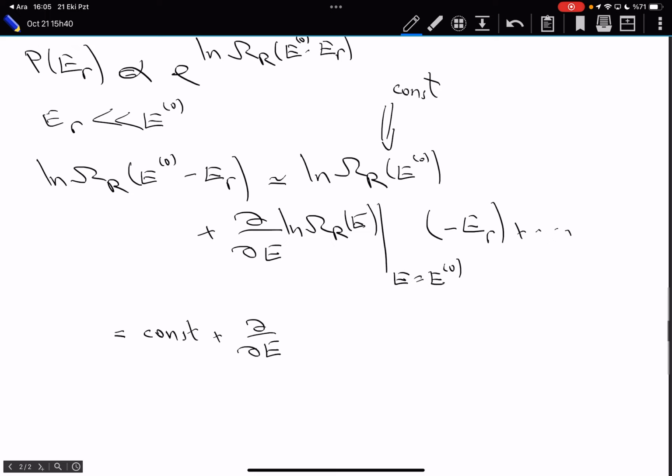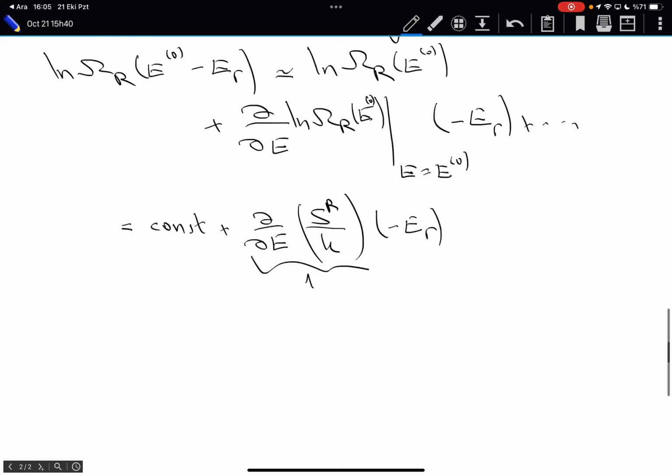well, remember from the canonical ensemble, the logarithm of omega is nothing but the entropy of the system, S over K, of the reservoir. But this derivative is nothing but 1 over the temperature of the reservoir.